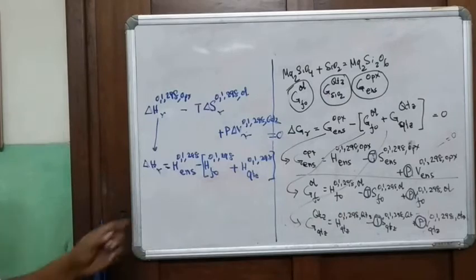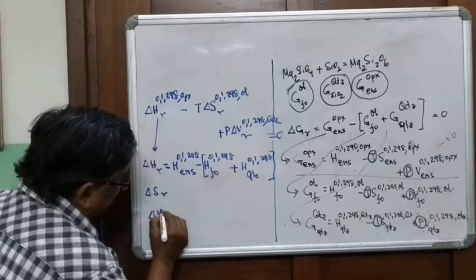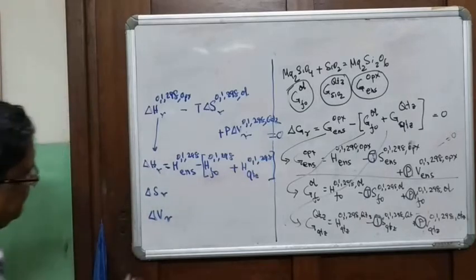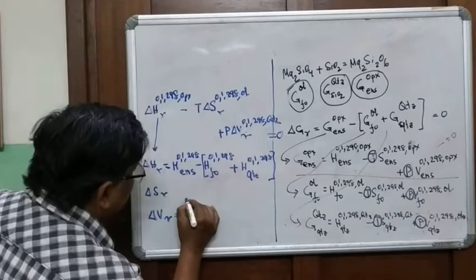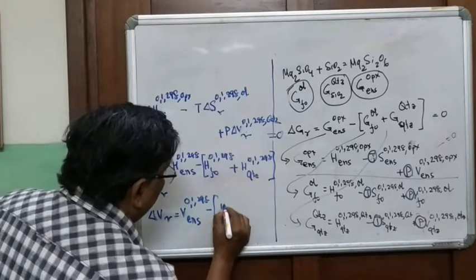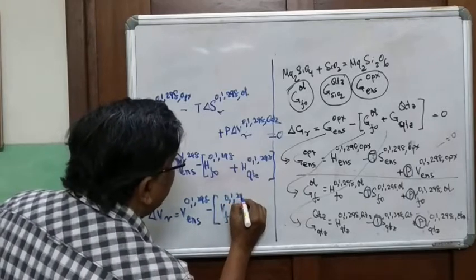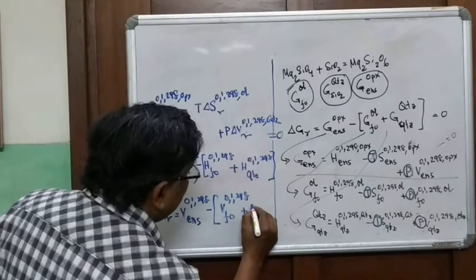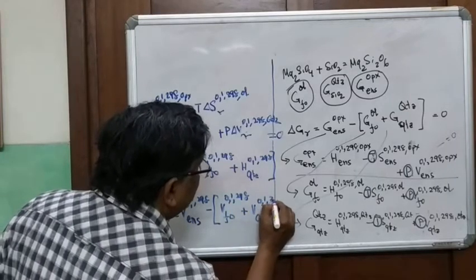So this is how it will go. Similarly for delta S R and similarly for delta V R. I will write delta V R is equal to volume of enstatite 0, 1, 298 minus volume of forsterite 0, 1, 298 plus volume of quartz 0, 1, 298.